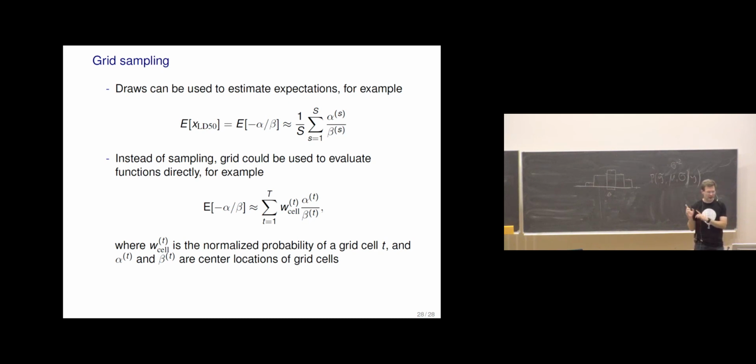It's quite a similar equation, but now each alpha t, beta t value is weighted by that normalized probability of grid cell t. And then this grid integration is actually more often done without sampling.